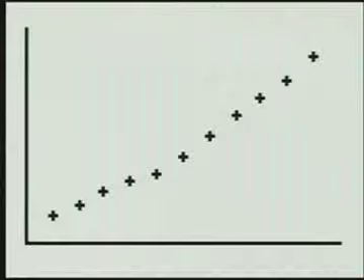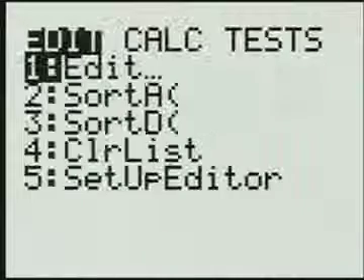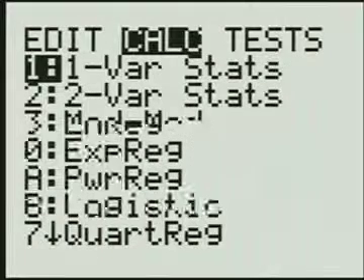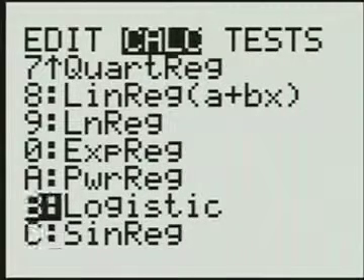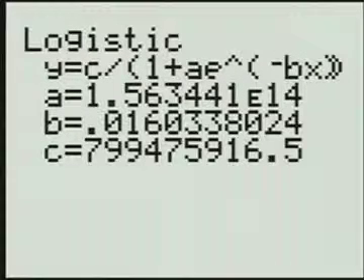Now we can use the graphing utility to fit a logistic function to the data. You would go back to the Stat menu, select Calc, and then select item B, Logistic. If we do that, we obtain the results that are displayed on the screen.